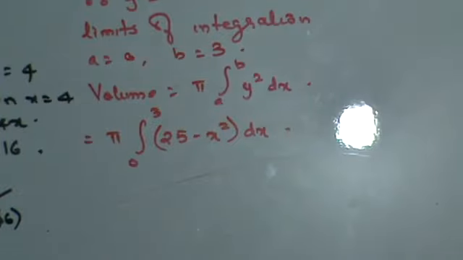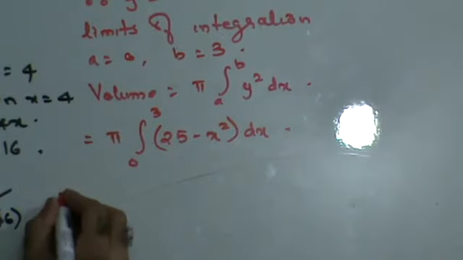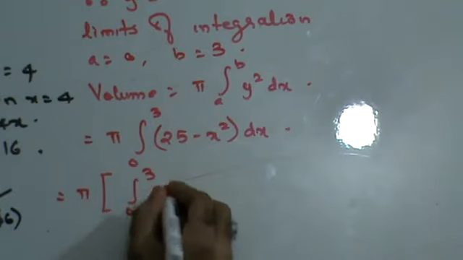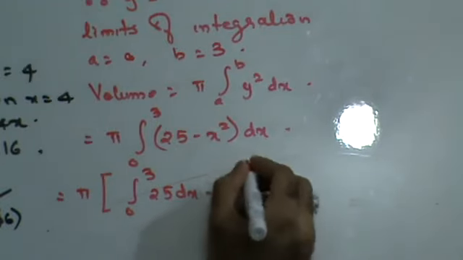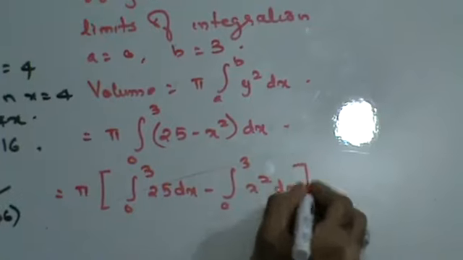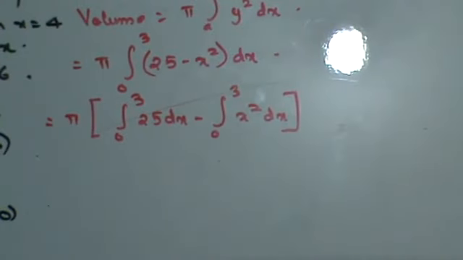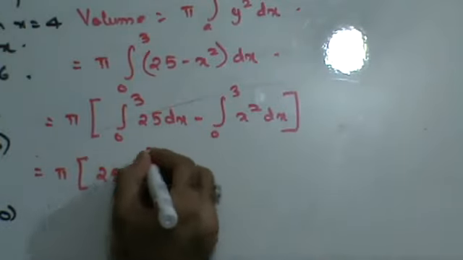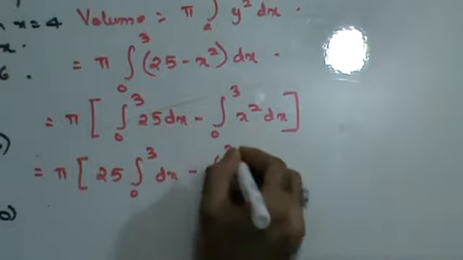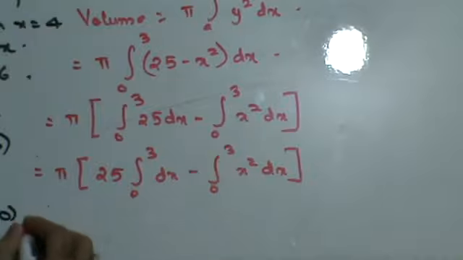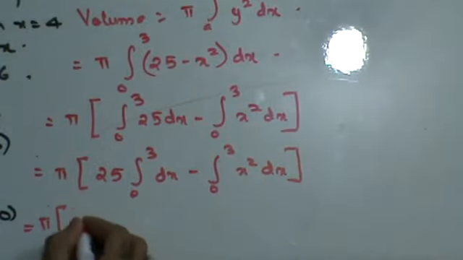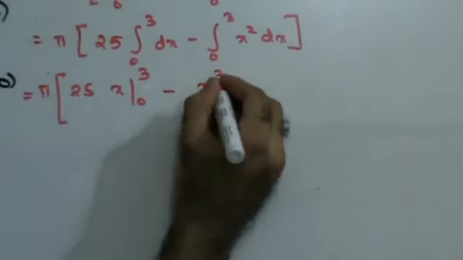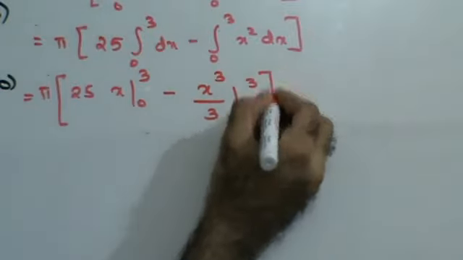Splitting, this is pi times the integral of 0 to 3 of 25 with respect to x minus the integral of 0 to 3 of x square with respect to x. Whatever is constant comes outside the integral, so this is pi times 25 times the integral of 0 to 3 with respect to x minus the integral of 0 to 3 of x square with respect to x. The integral of dx is x when the limits are between 0 to 3. The integral of x square is x cubed by 3 when the limits are between 0 to 3.